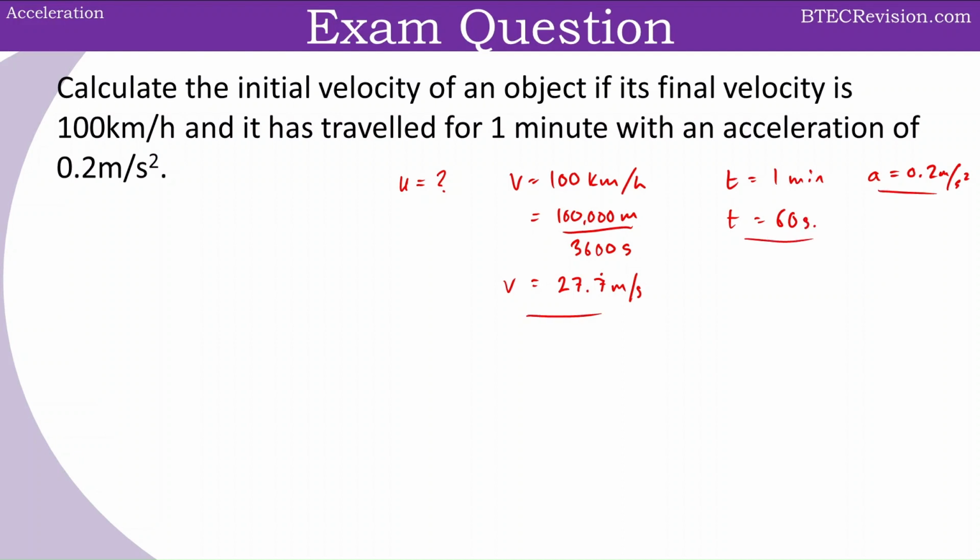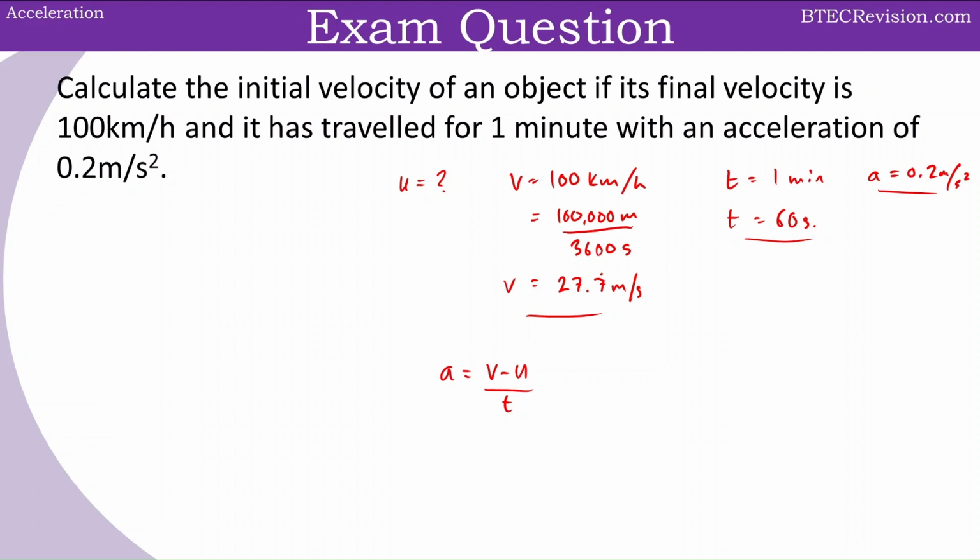Okay, so if we look, we can work out which equation this is going to be. We have a, v, u, t. So this needs to be the equation that we're using, which is a equals v take away u divided by t. Now, we need to make u the subject, so we can rearrange this.